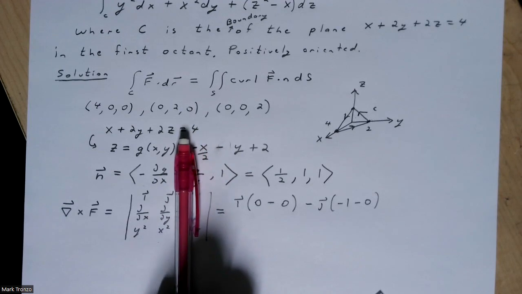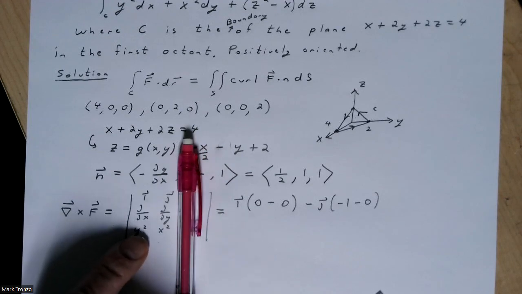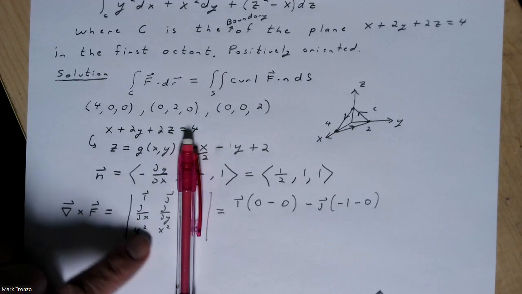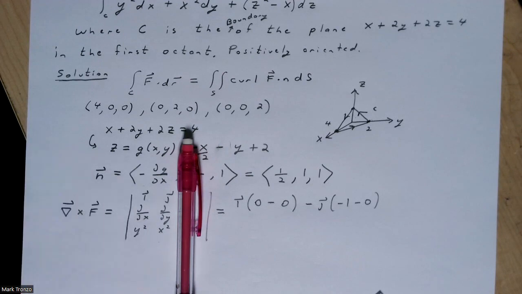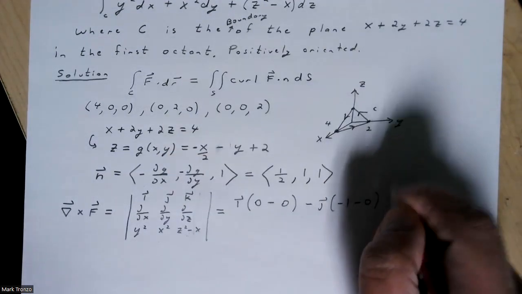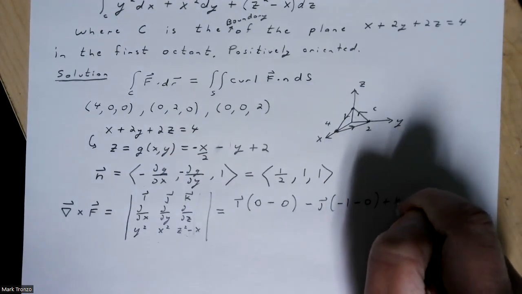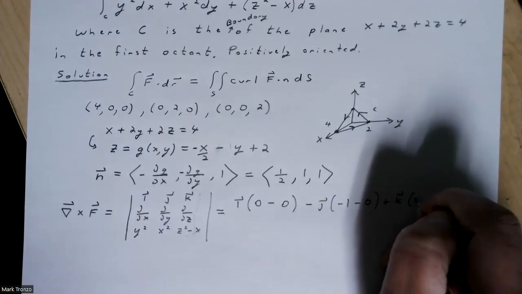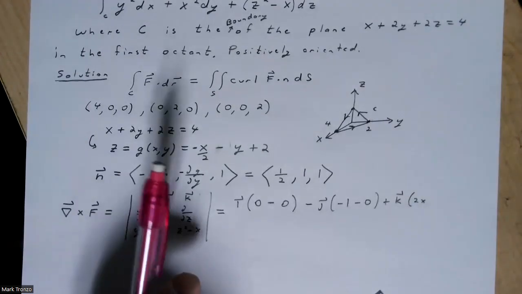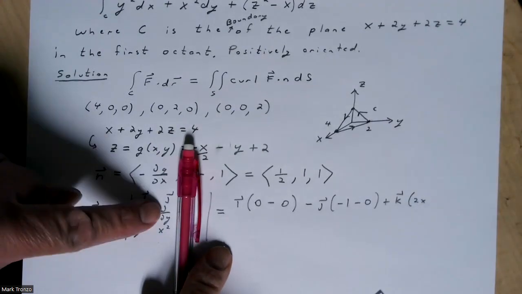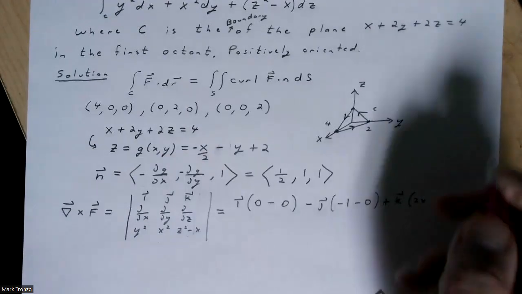Then finally, this one, we're finally going to get some more numbers. So there'll be the derivative of this with respect to x. That'll be 2x. And the derivative of this with respect to y, that'll be 2y.